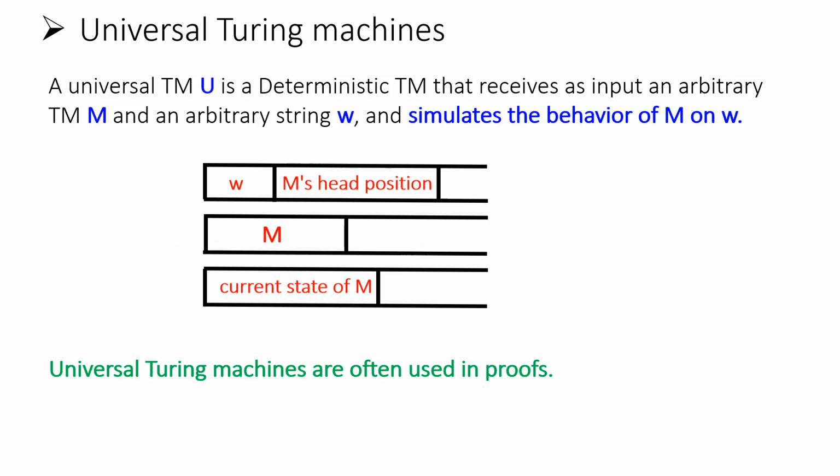You can think of U as having 3 tapes, each with a head. The first tape contains M's tape content and M's head position.